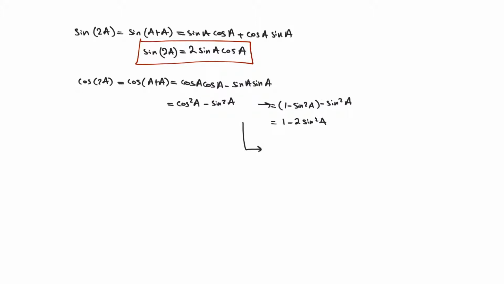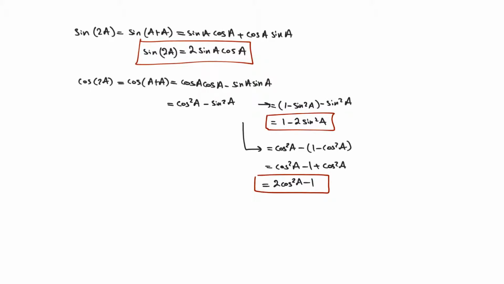Similarly, we can also write it as cos squared a minus (1 minus cos squared a), and we get cos squared a minus 1 plus cos squared a, which is the same as 2 cos squared a minus 1. And these are the three identities for cosine of 2a.